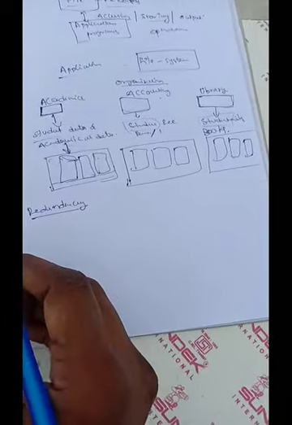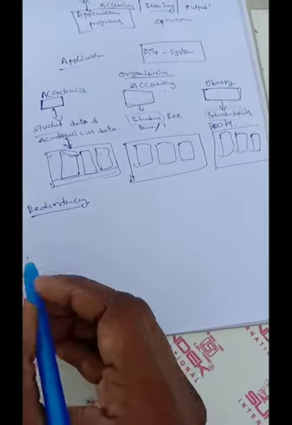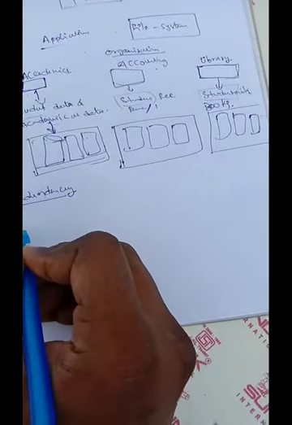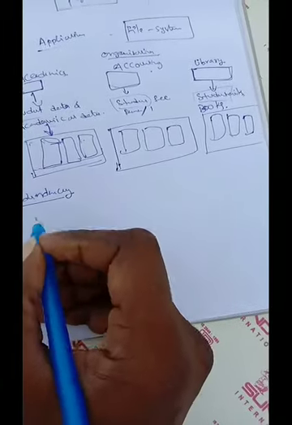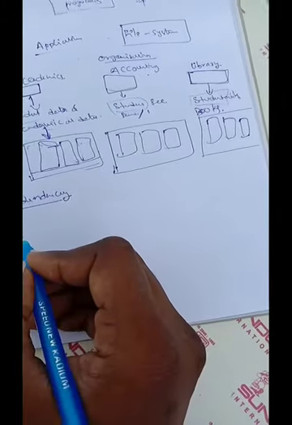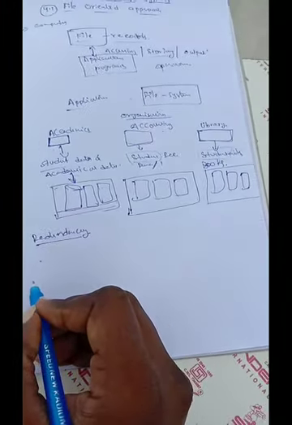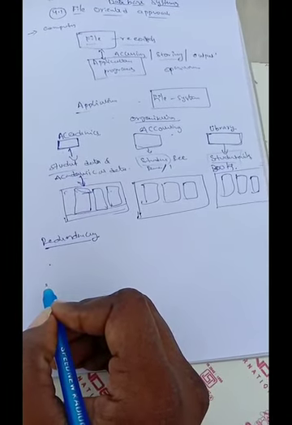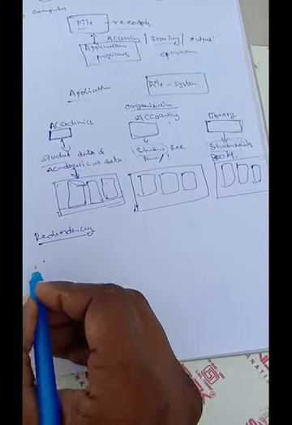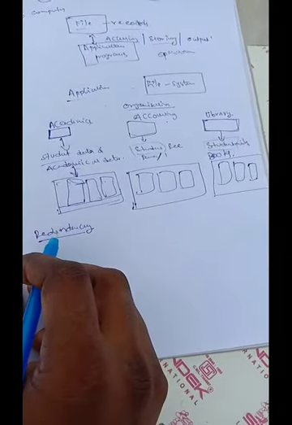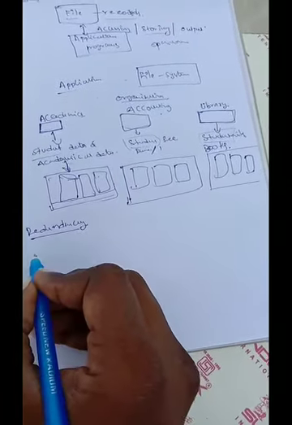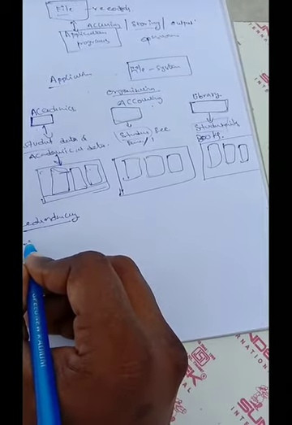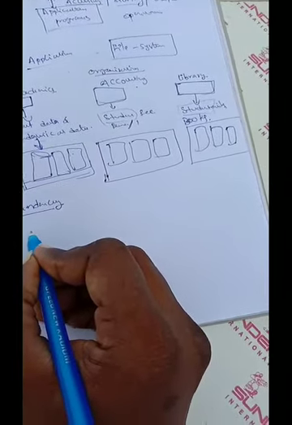The file-oriented approach contains different files. To maintain or organize the files, or to perform many operations on the files, it uses some files. Those are, first, the transaction file.